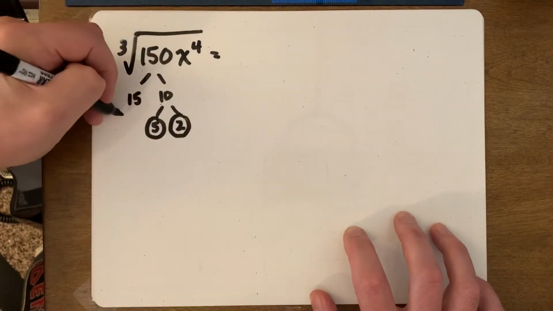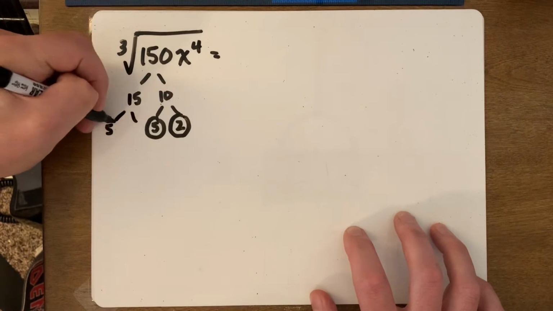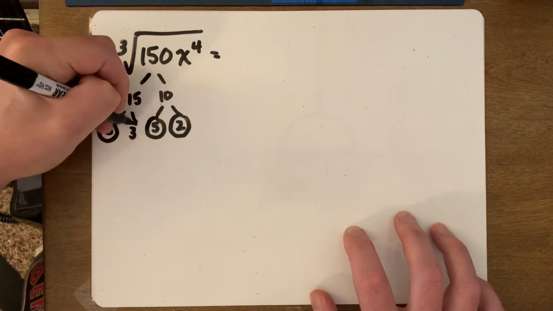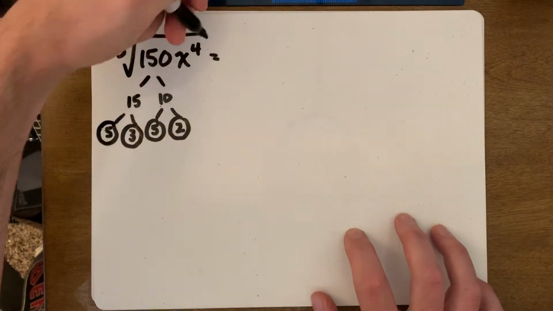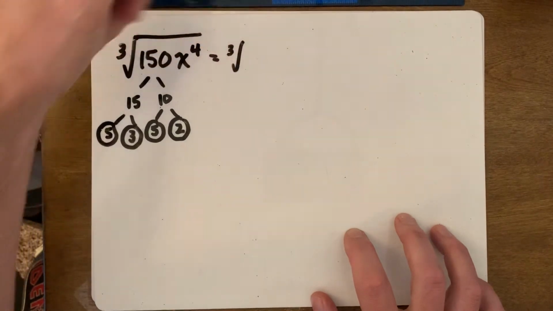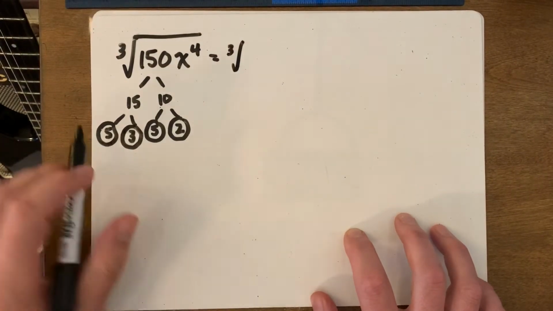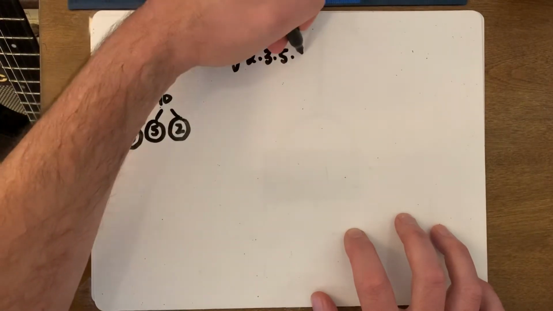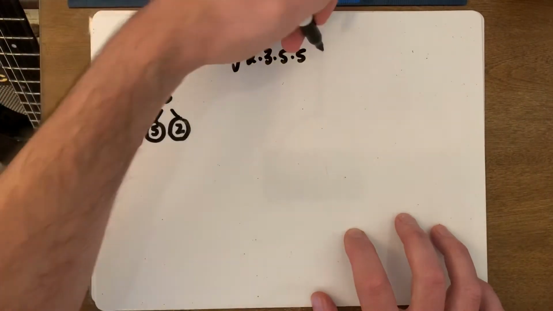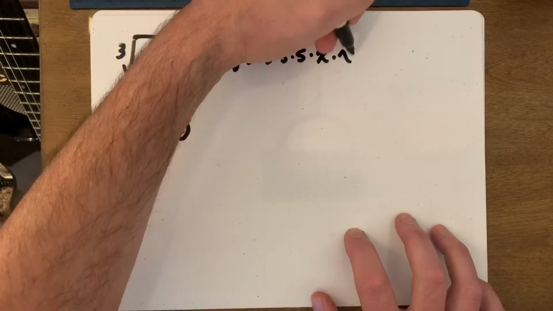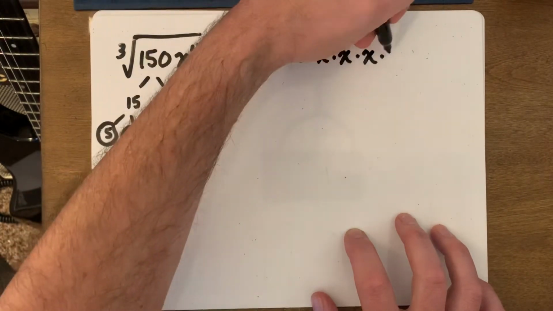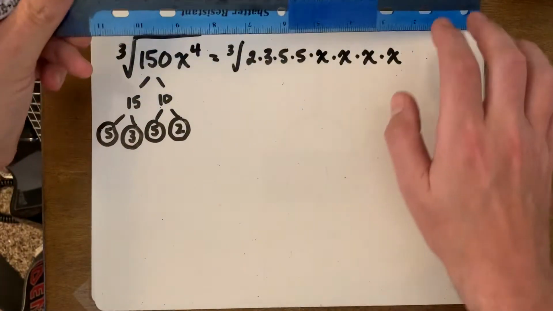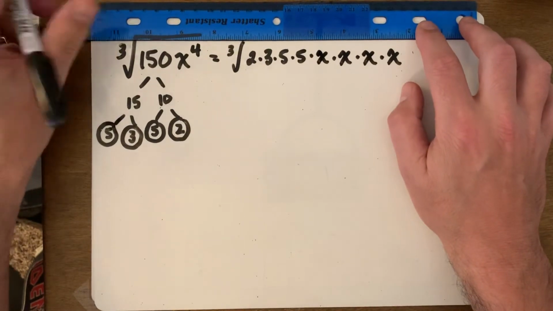Okay, and 15 is 5 times 3. Okay, so we have a cube root of 2, 3, 5, 5, and then 4 x's: 1, 2, 3, 4. All right, let's draw our line on top.